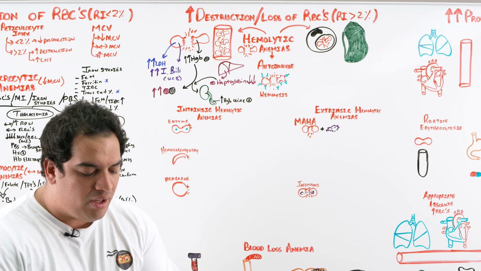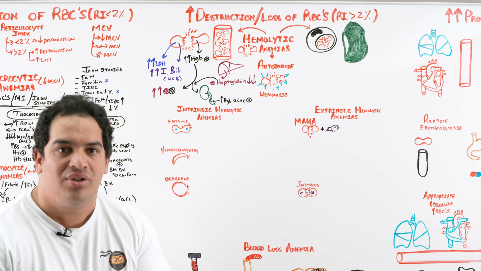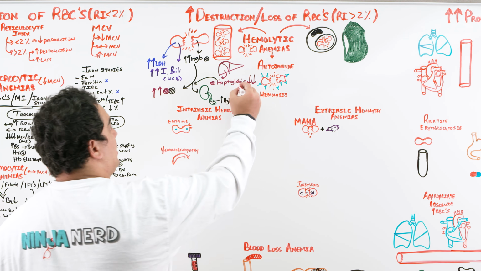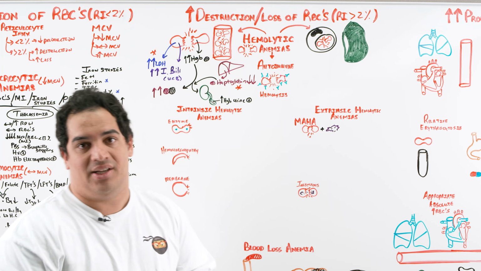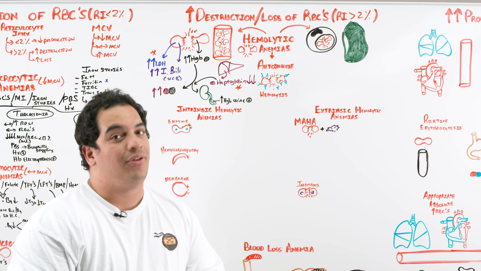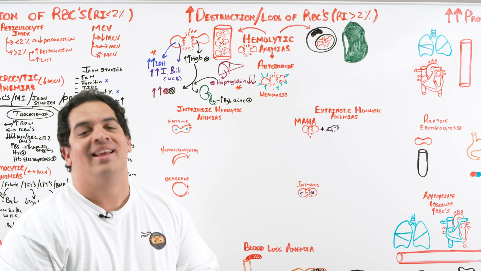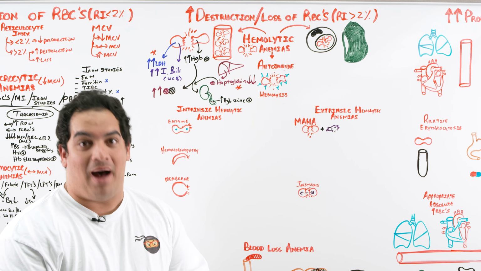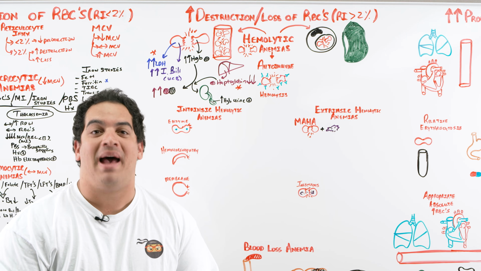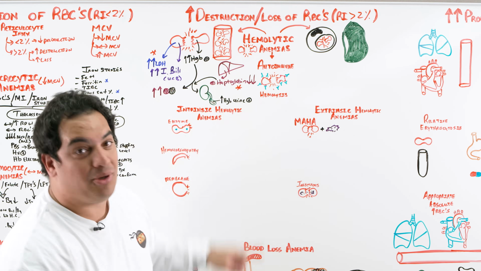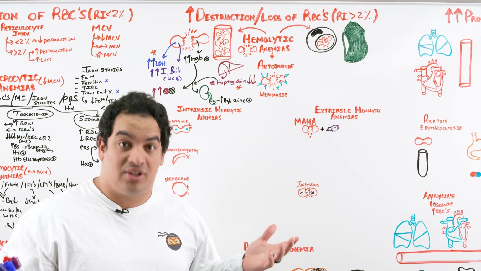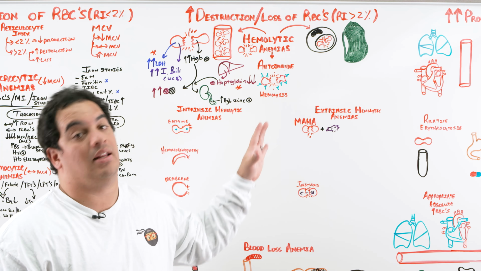If you really want to boil this down to the most common two types, it's going to be LDH and haptoglobin. These are the biggest ones you'll probably see in your clinical vignette. If it comes back with an elevated LDH and a low haptoglobin, you can say with relative confidence there is hemolysis.